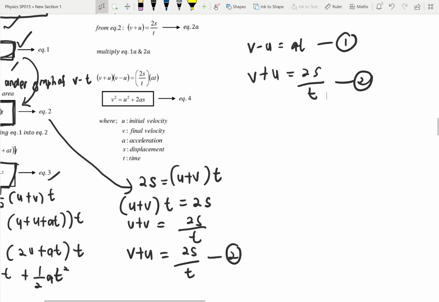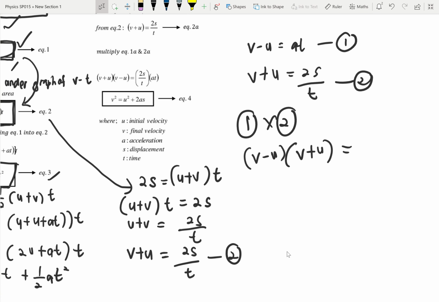What we do is multiply equation 1 with equation 2, the arranged equation 1 and the arranged equation 2. The left hand side of equation 1 times the left hand side of equation 2 equals the right hand side of equation 1 times the right hand side of equation 2. Then simplify.